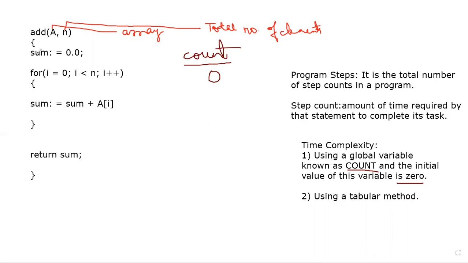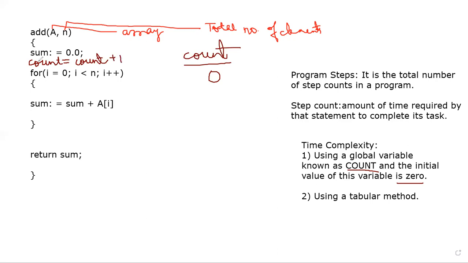So when one statement completes its task, count is incremented by 1. Which is the first statement in this program? The first statement is sum equal to 0. The initialization is happening, so it has completed some task. So we will be incrementing the value of count: count equals count plus 1.